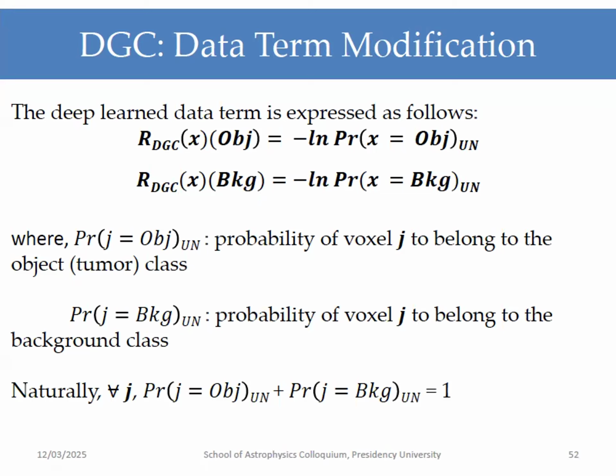You take these probabilities, and the good thing is you now don't need any seeding. So you have more automation, which is always a requirement in computer vision. You take these probabilities and apply them in the region term. And naturally, these probabilities add up to 1.